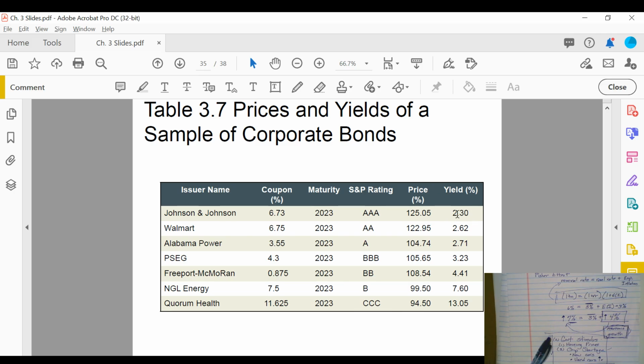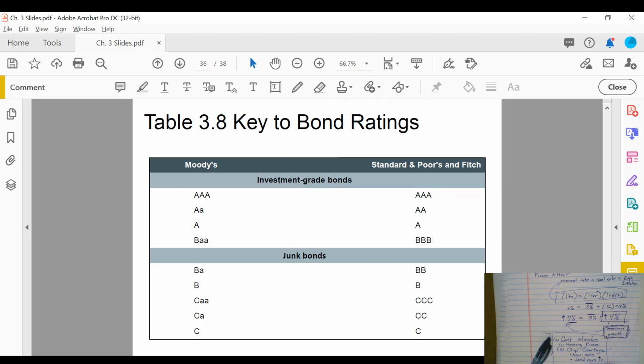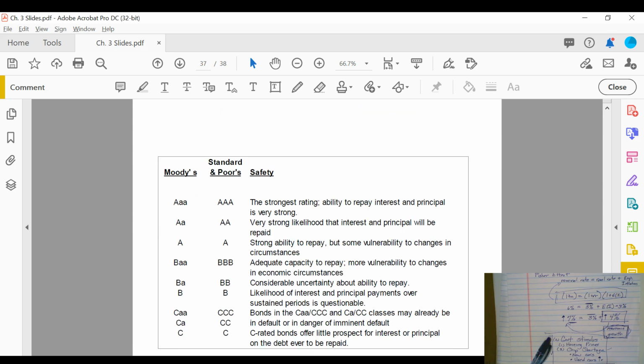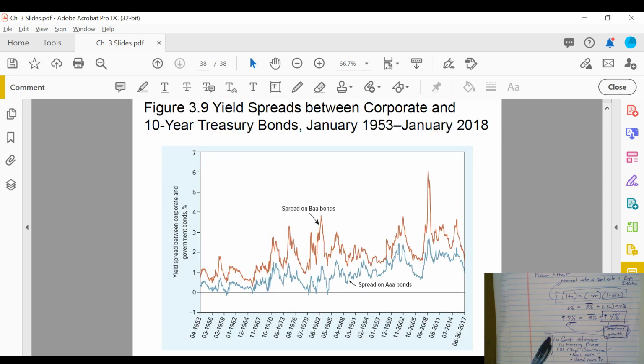If you look at J&J, it's AAA, and you see going down, the default risk measures are where the yield to maturity comes into play. So that's another reason why we don't pay attention to the coupon. We pay attention to the yield.